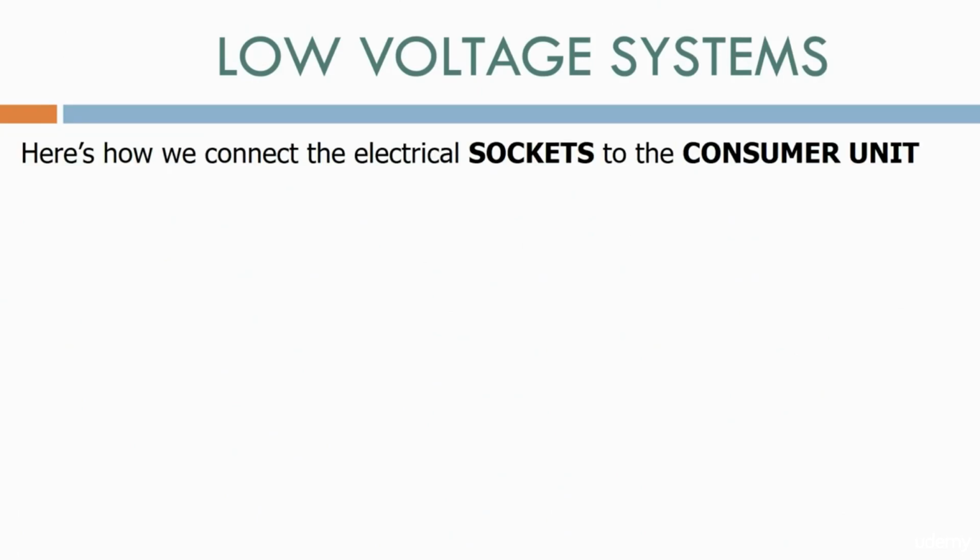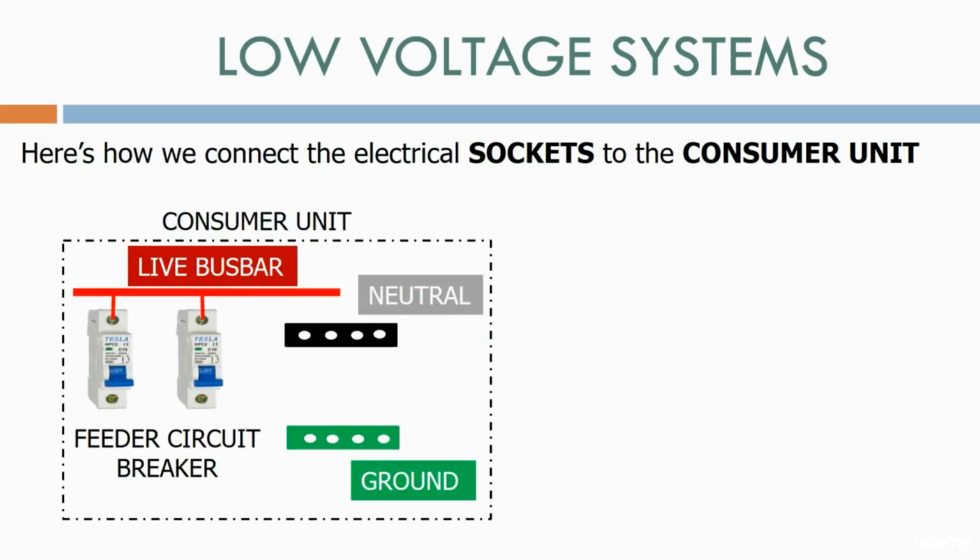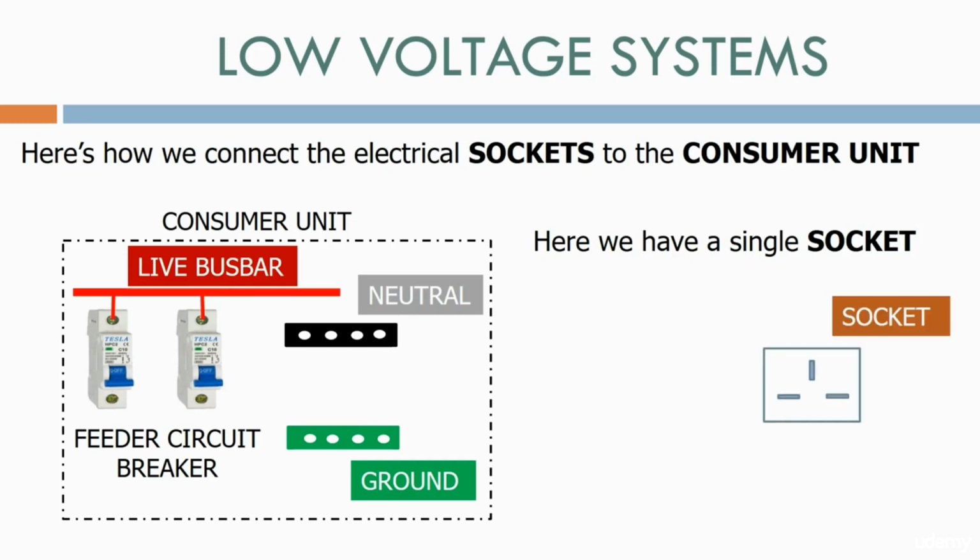Here's how we connect the electrical sockets to the consumer unit. Here we have the consumer unit as before, with some feeder circuit breakers, a neutral terminal strip, a ground terminal strip and a live bus bar. Here we have a single socket. This is a 3-pin socket with a live, neutral and ground.